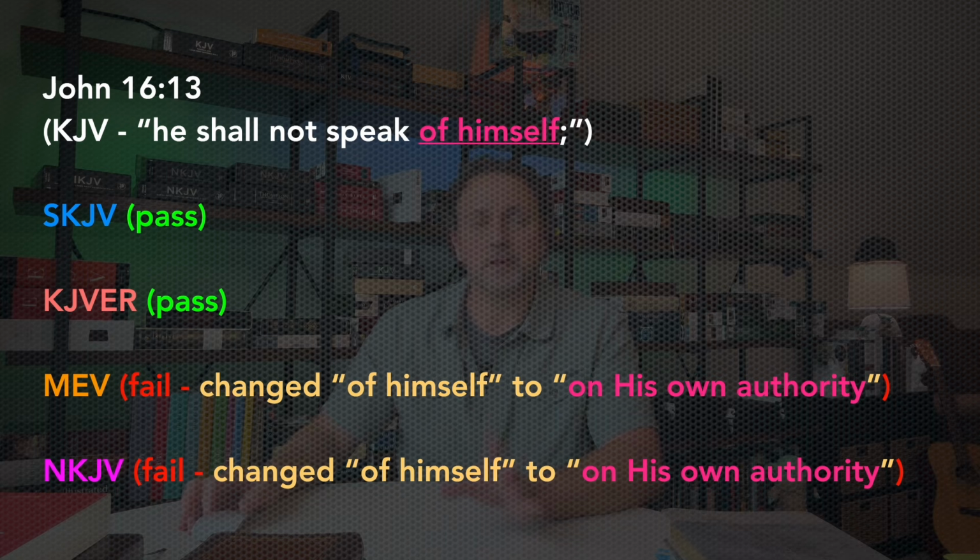It's talking about the Holy Spirit, saying that the Holy Spirit will not speak of himself. Simplified KJV is a pass, KJV Easy Read is a pass. MEV and the New King James are a fail because they both change the words of himself to on his own authority. So speaking of the Holy Spirit, it would read, he shall not speak on his own authority. I've got problems with that one. So I think everybody should.